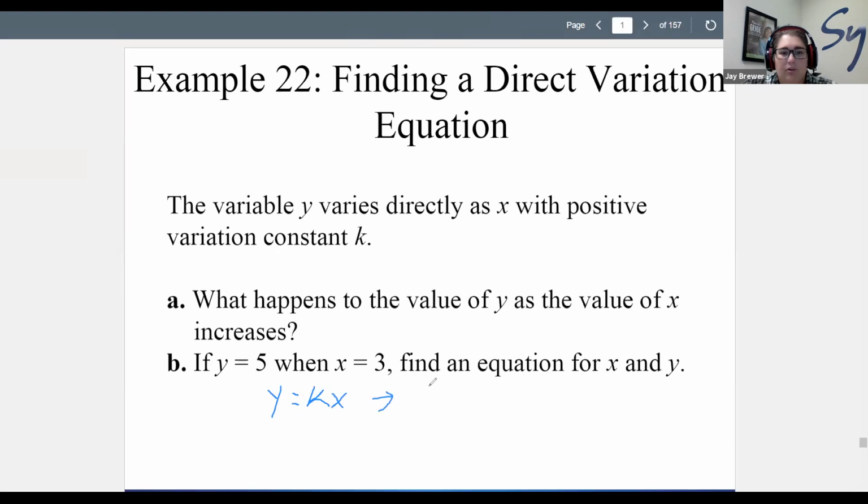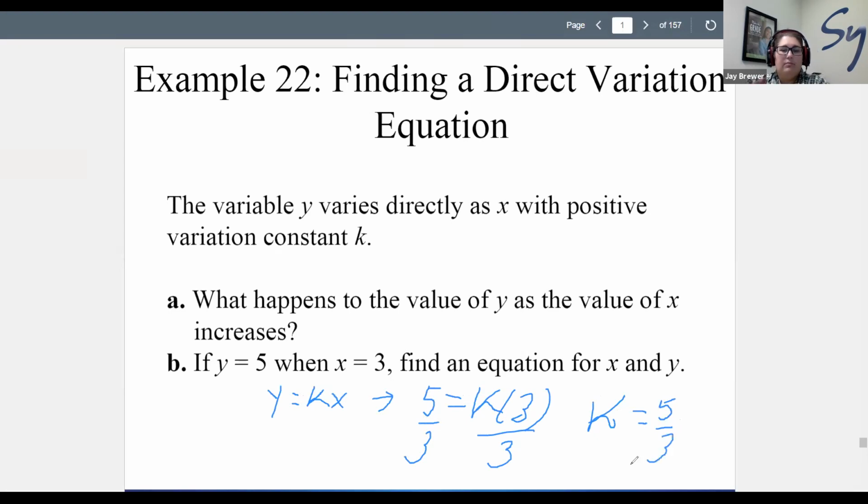So that means you're just going to plug in. So 5 equals k times 3. Well, that just means that k equals what? K is going to equal 5 over 3.